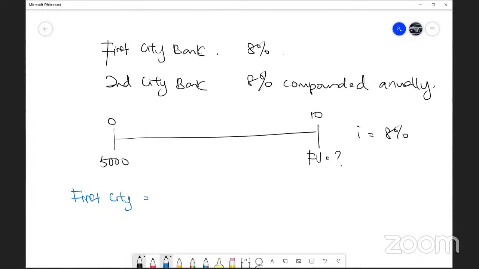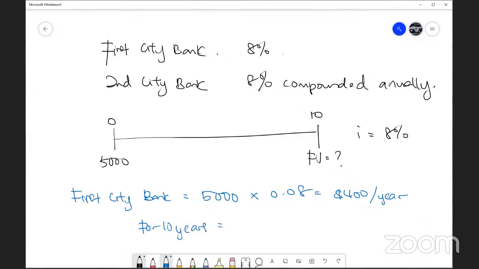First Citibank, simple interest. You deposit $5,000. Okay, and then each year you're going to gain interest of 8%, 0.08. So in other words, you're gaining $400 per year. All right. So for 10 years, your interest will be 400 multiplied by 10.